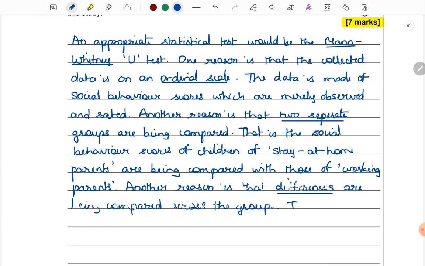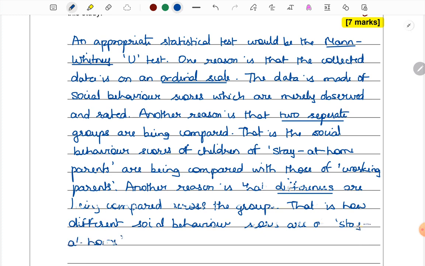That is, how different the social behavior scores of stay at home parents, stay at home group.